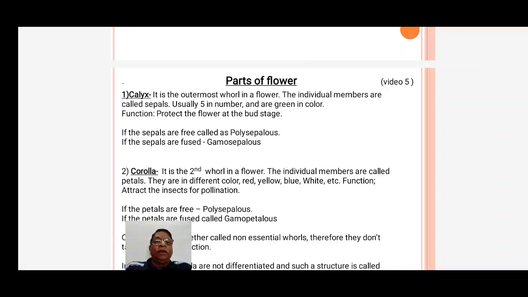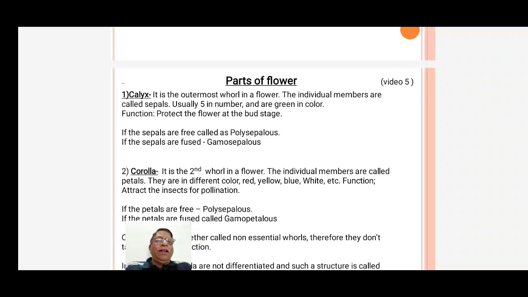Calyx. What is calyx? Calyx is the outermost whorl in a flower. Calyx is the collective name for sepals.